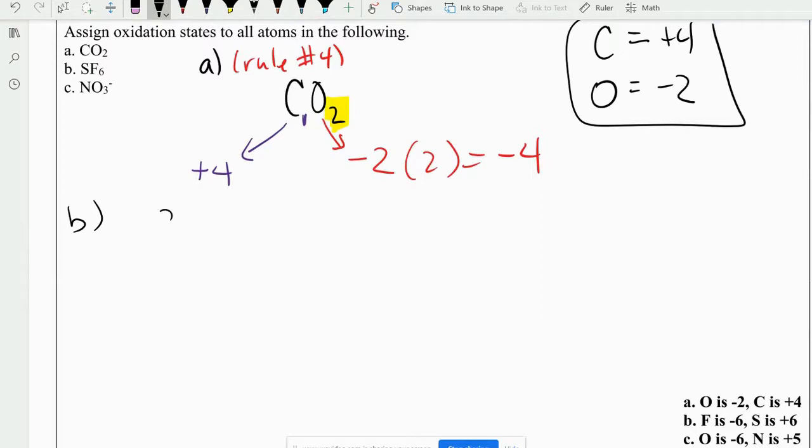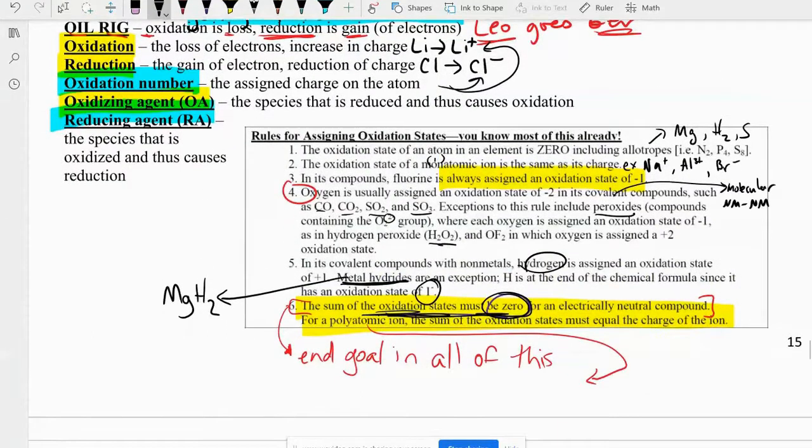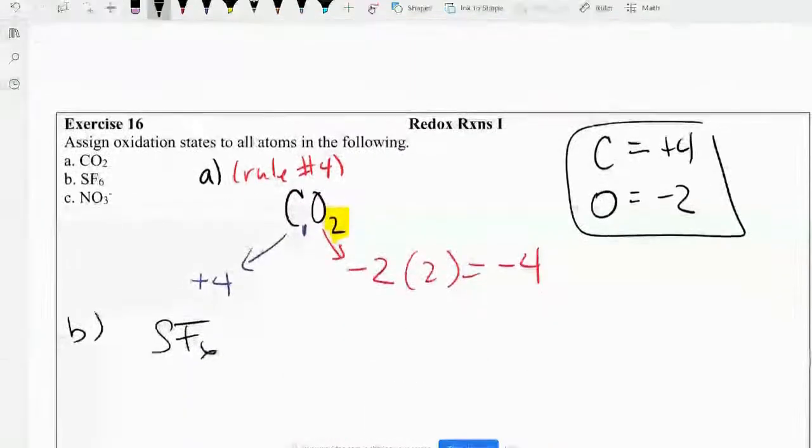Okay, let's try B, and we're going to be looking at sulfur hexafluoride, SF6. Just pause me really quick, go back up to the rules, and tell me which rule you are possibly going to follow here. You know for sure that according to rule number 3, when it's written as a compound, so with another element, fluorine is always going to be assigned an oxidation state of a -1.